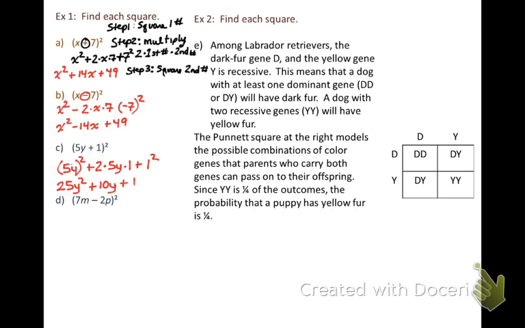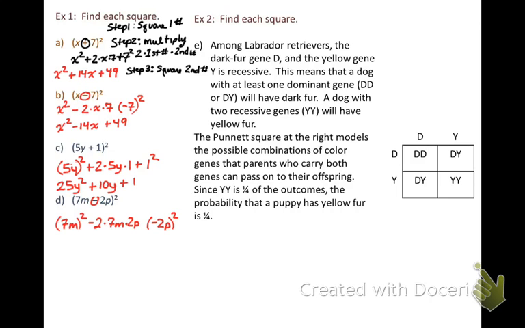Now let's try D. First squared is 7m squared. There's a minus sign, so we'll go minus. And then we'll go 2 times 7m times 2p. And then on the last part, you have to square the last number with the negative on that, so it's a negative 2p squared.